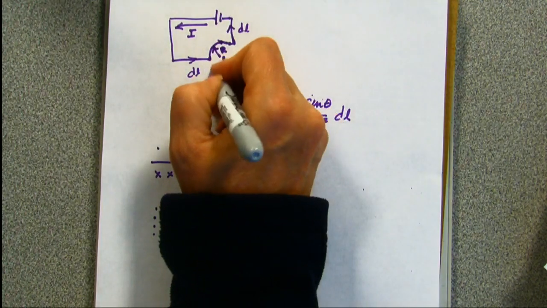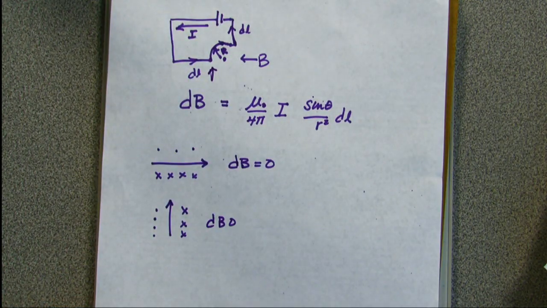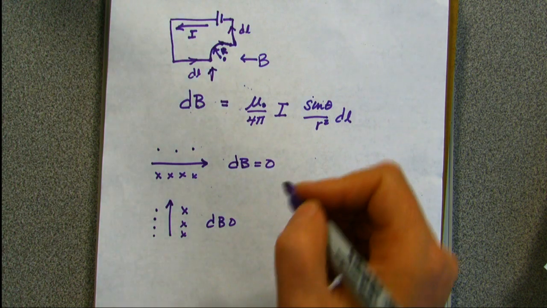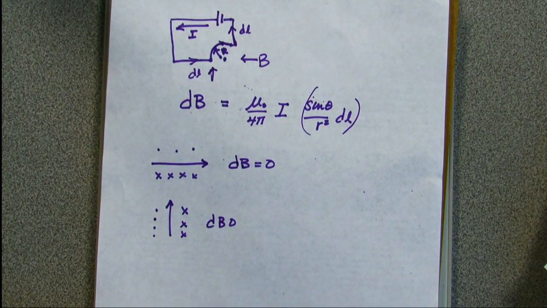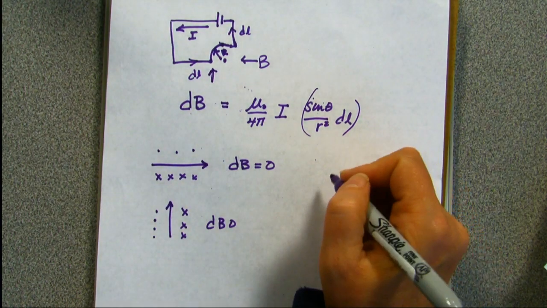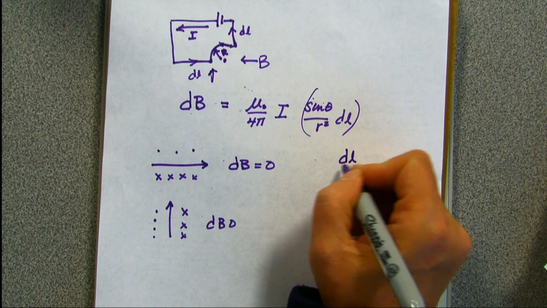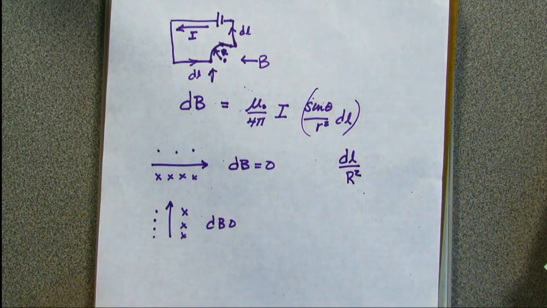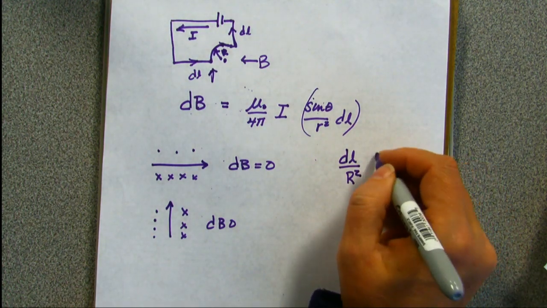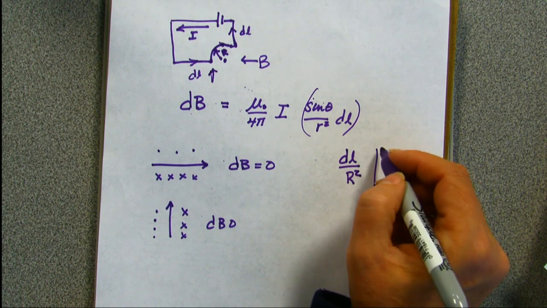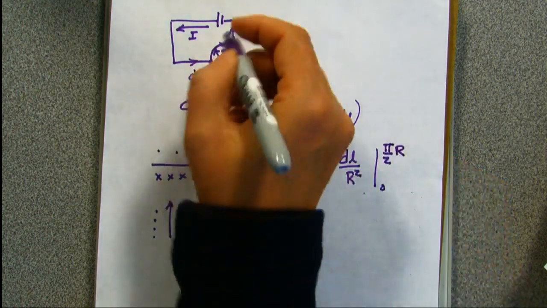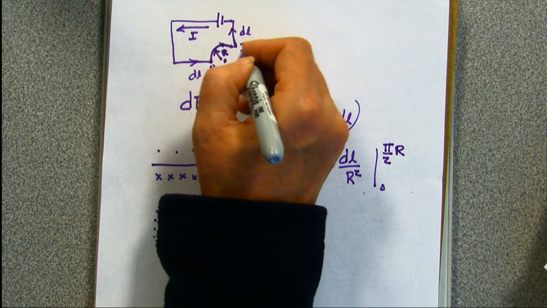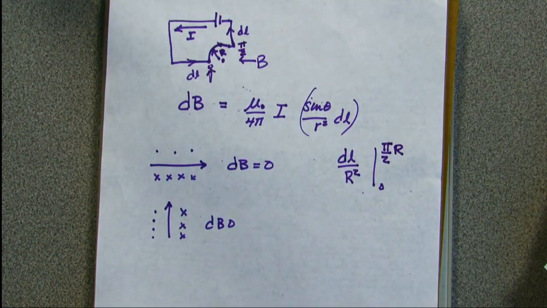So I'm only having to worry about the curve. For the curve, I'm going to get dl over the radius squared, going from my limits of 0 to pi over 2 r, because I'm going to go from 0 to pi over 2 there. So I'm going to have that limit.